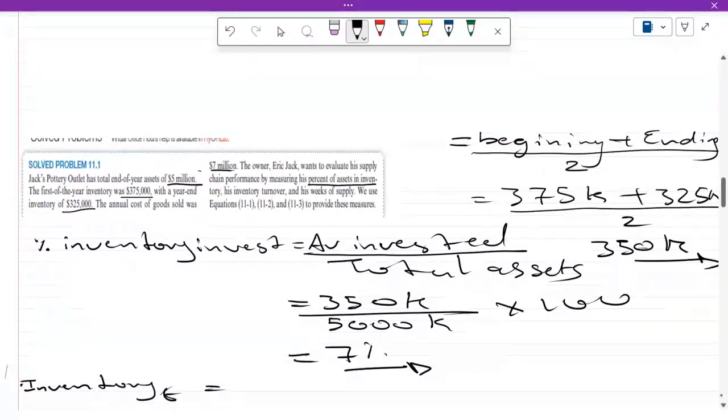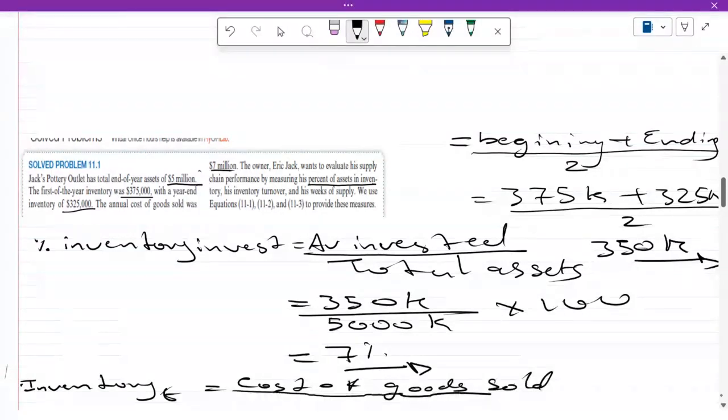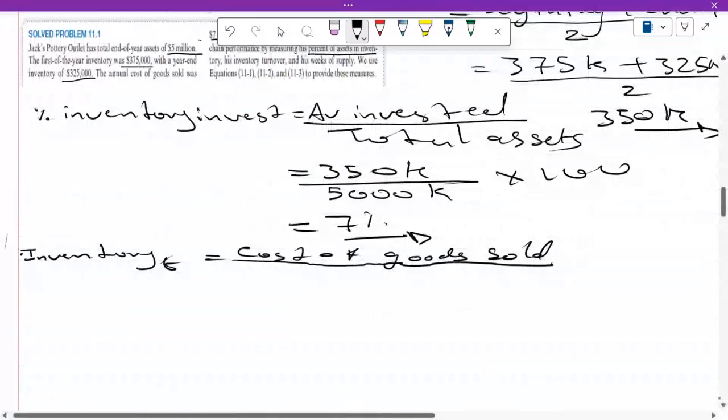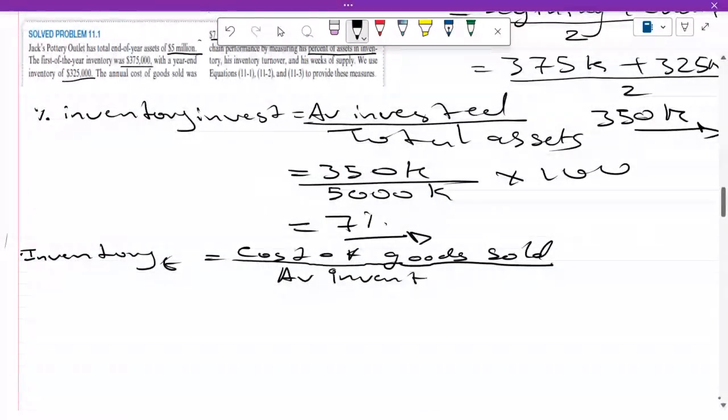I know it's in the number term, cost of goods sold, I believe, over average inventory invested.